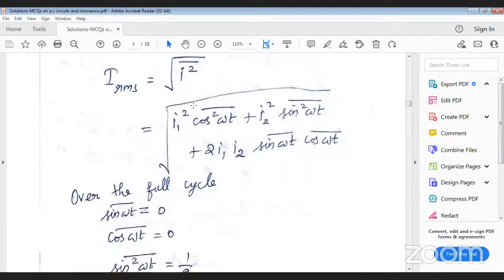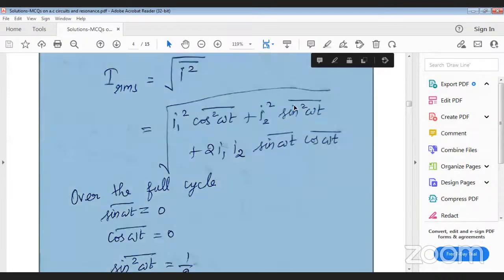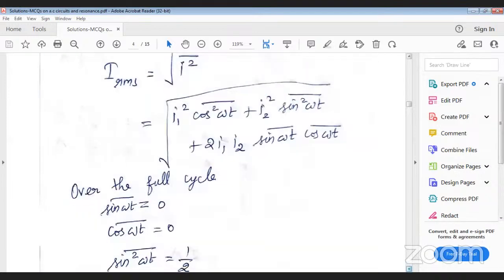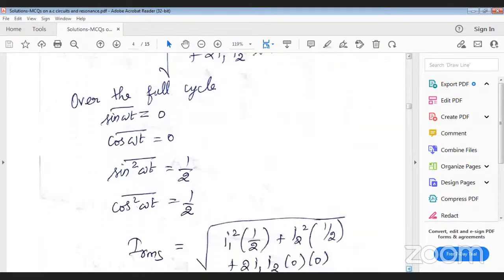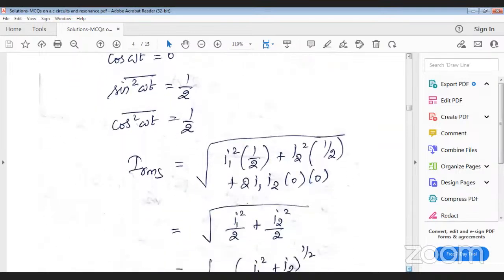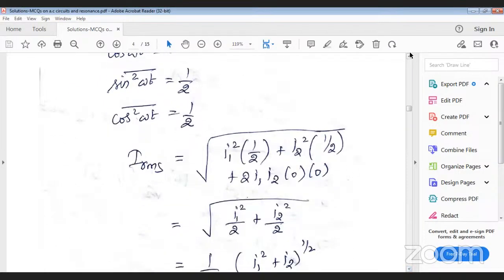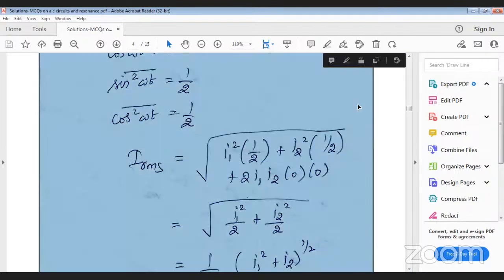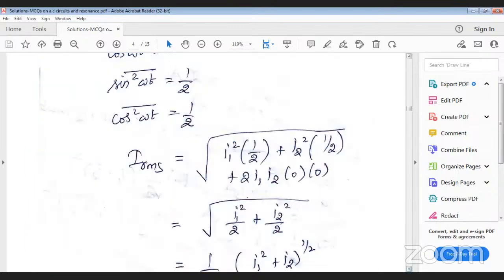And what is the average value of cos squared omega t? That will be 1 by 2. Similarly, for sin squared omega t, the average value is 1 by 2. You have to substitute 1 by 2 and 1 by 2. That means (I1 squared plus I2 squared) whole divided by 2.